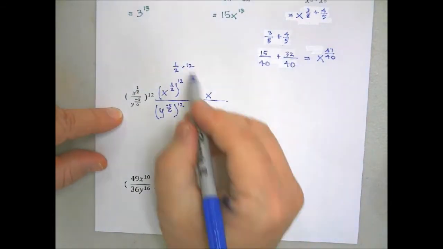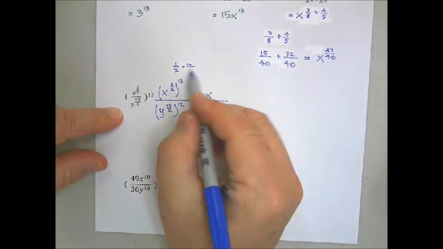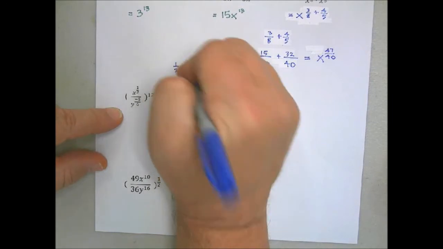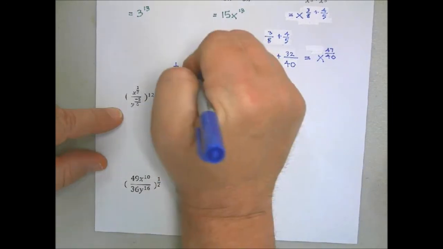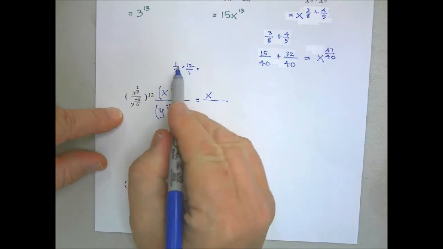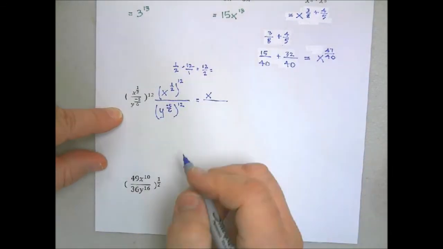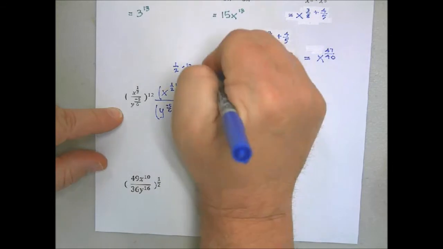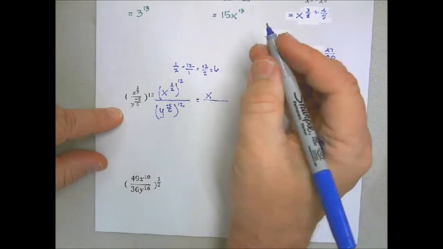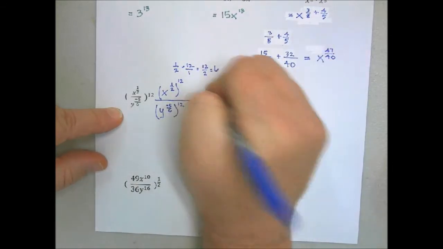It isn't 12 over 12, it's 12 over 1. So that would be 12 over 2. 1 times 12 is 12 over 2. And 12 over 2 is 6. So it would be x to the 6th power up here.